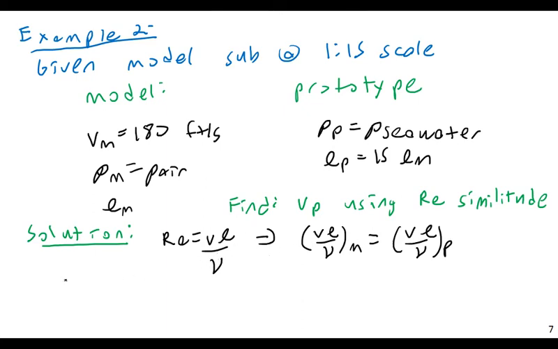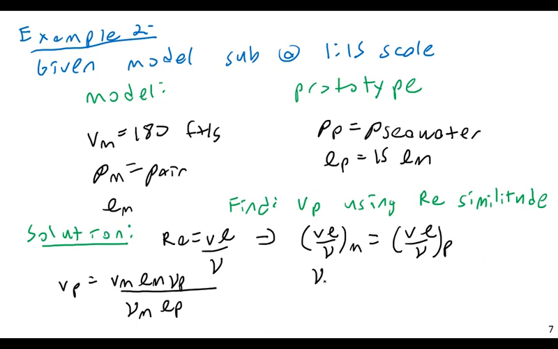And if I solve this for VP, it must be equal to VM LM nu P divided by nu M times LP.